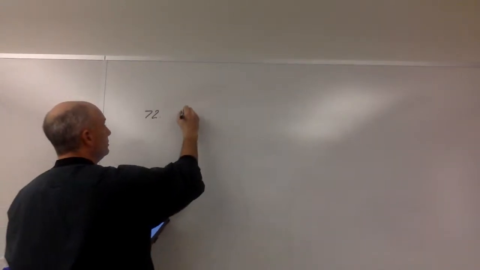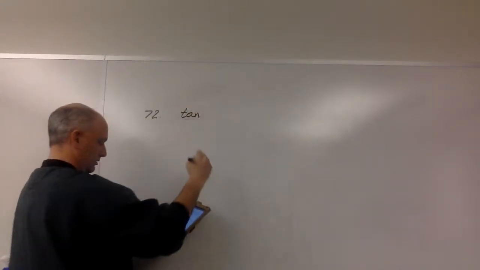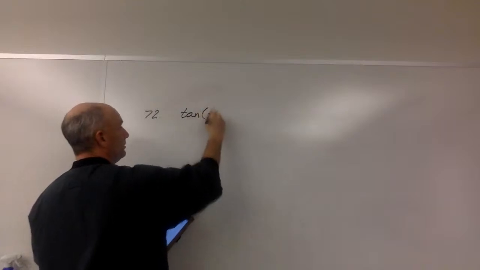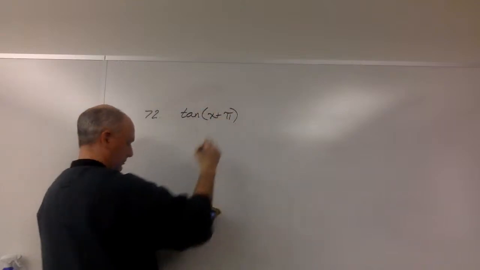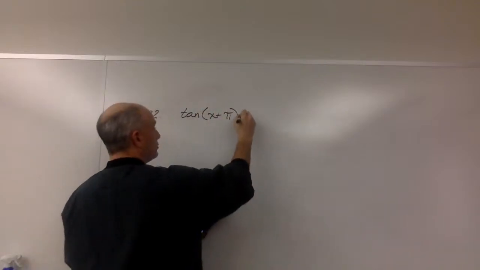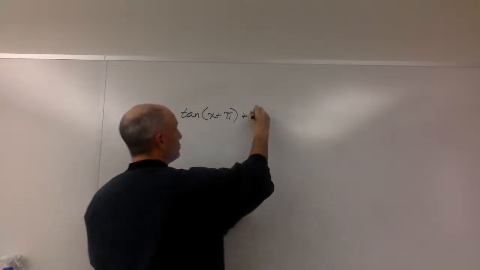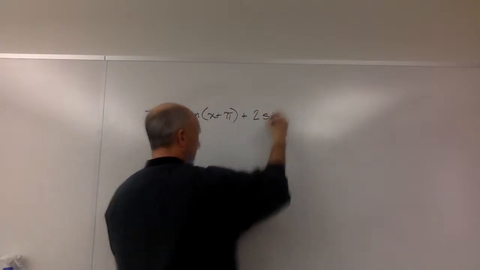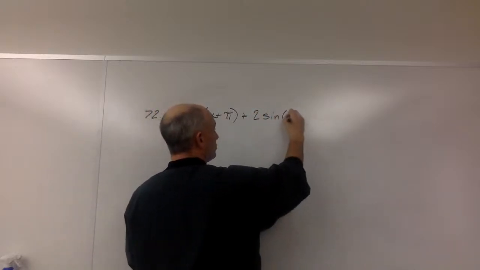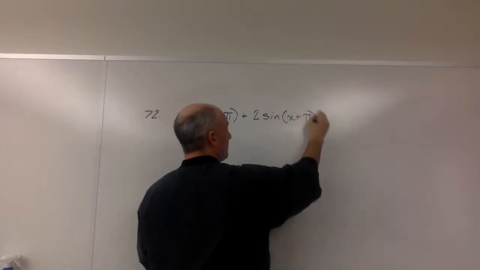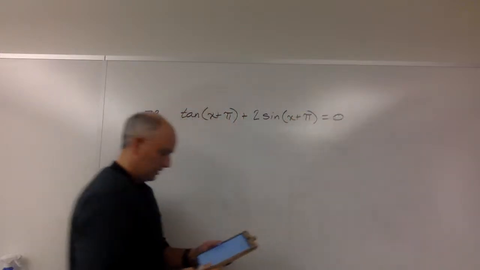So in 72, we have the tangent of x plus pi plus 2 times the sine of x plus pi equals 0.